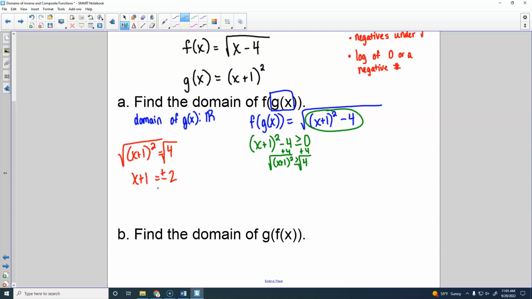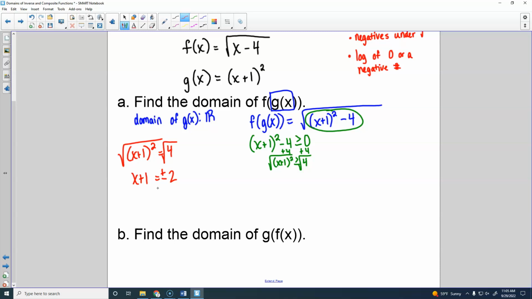That works great when we have an equal sign. It does not work when we have an inequality sign. Because saying that something is greater than or equal to plus or minus 2 doesn't really make sense, right? Because why wouldn't you just use the -2? So it's not going to work that way when you have an inequality sign.